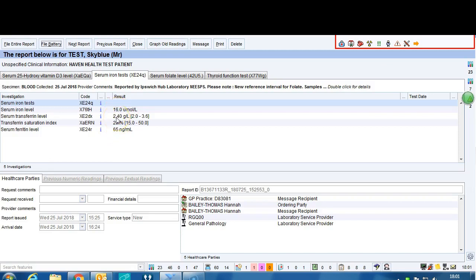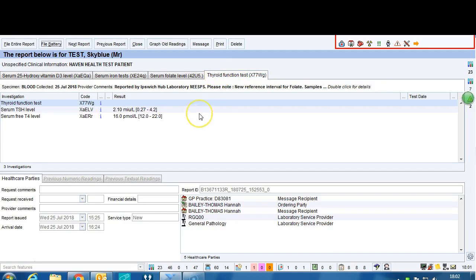Most of the time with serum iron tests, you can tell that these two are normal because they've got normal ranges, but these two are not. I know myself that 65 is a normal range for iron, but it's not very helpful because they don't tell you what normal ranges are. We'll leave that one.